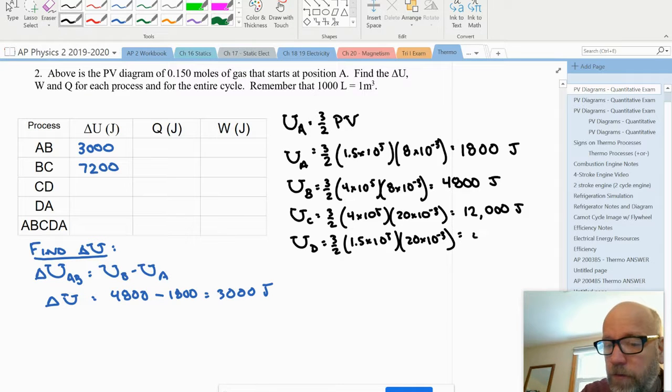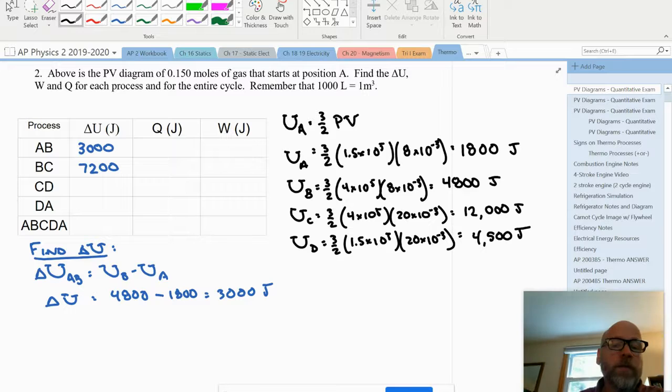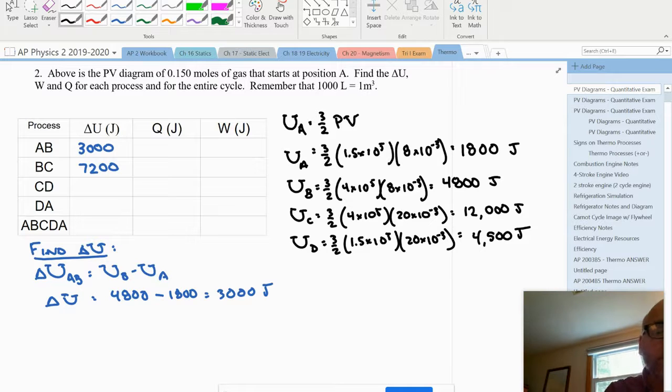That was going to be 4,500 joules. Now, it decreased. D is 4,500 minus the 12,000. So we end up with a negative 7,500. What does that mean? That means that heat flowed out during that process.